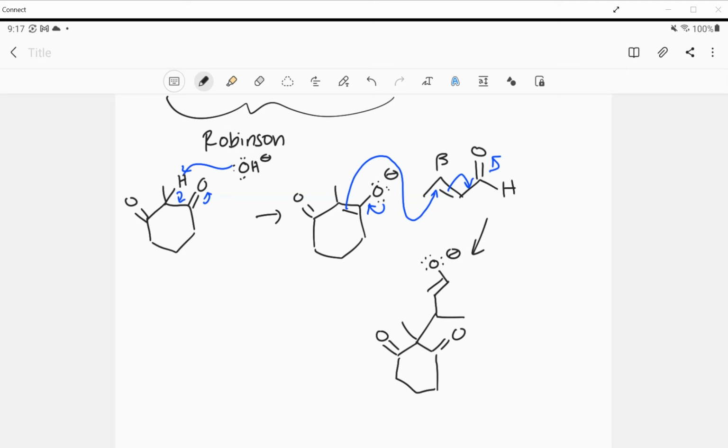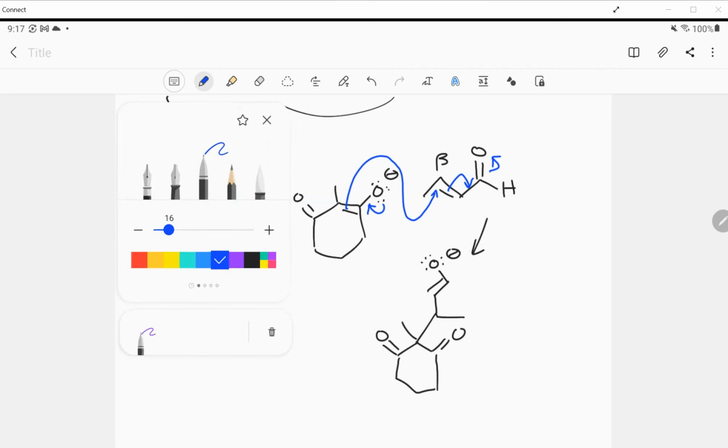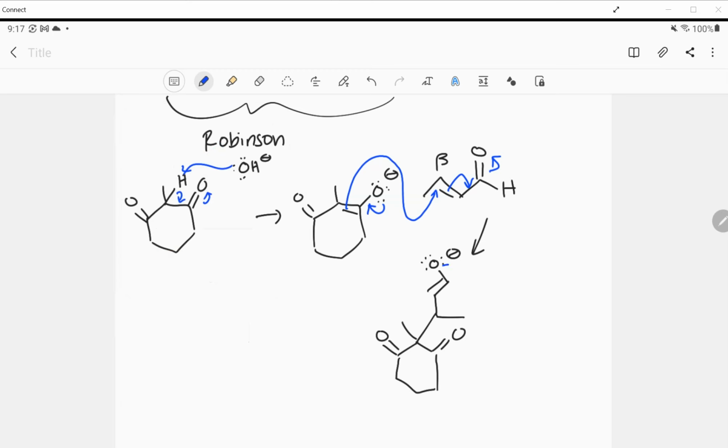So that enolate that we have there now is going to go ahead and attack one of the carbonyls. Since this is symmetrical, it doesn't really matter which one it's going to attack. So we can choose. So our enolate is going to close down, and we're going to go ahead and attack one of these. Either one. Again, it's symmetrical, so it does not matter which.